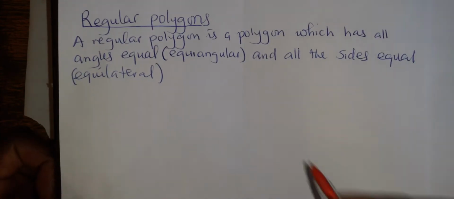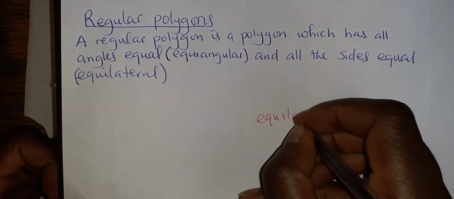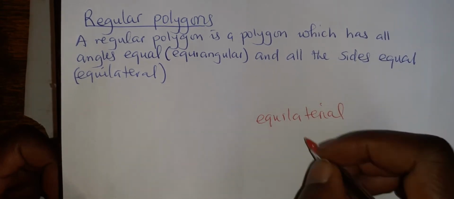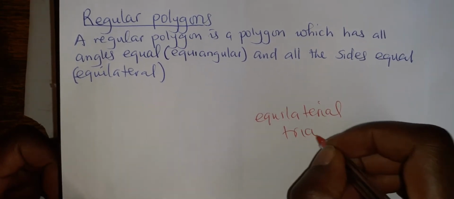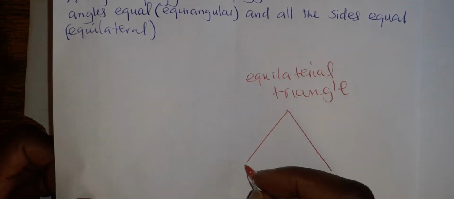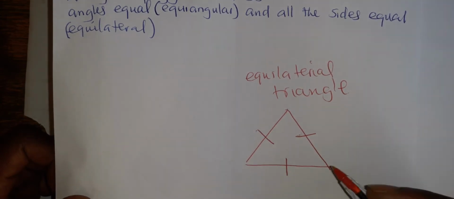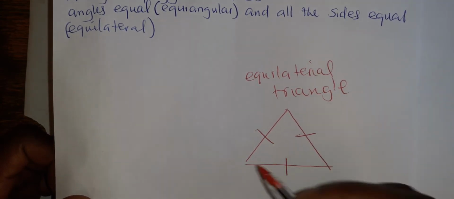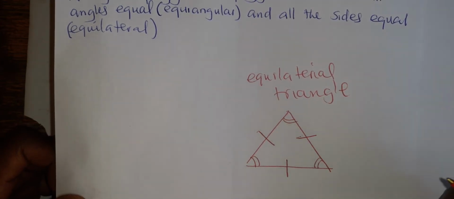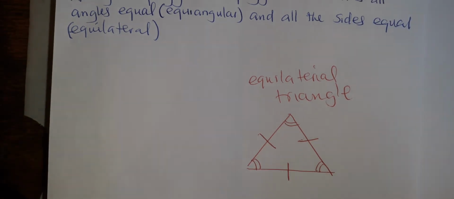For instance, if you remember when we were talking about an equilateral triangle from the other topic we are coming from, we gave an example of a triangle like this, meaning all these three sides are equal. And if these three sides are equal, it also means all three angles are equal. So this is what we mean by a regular polygon.